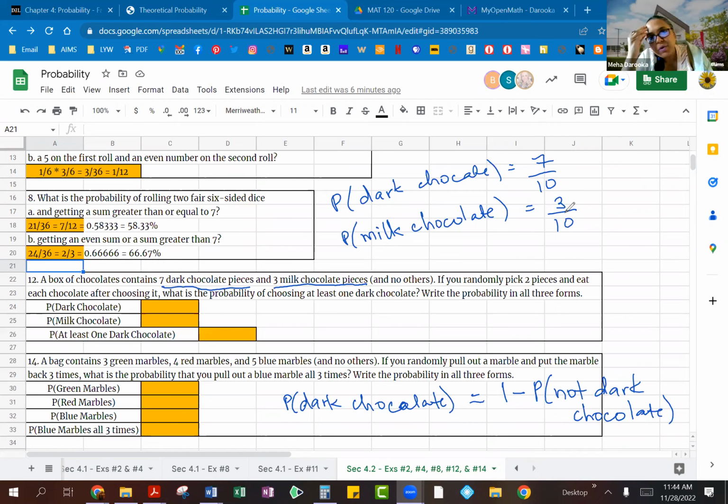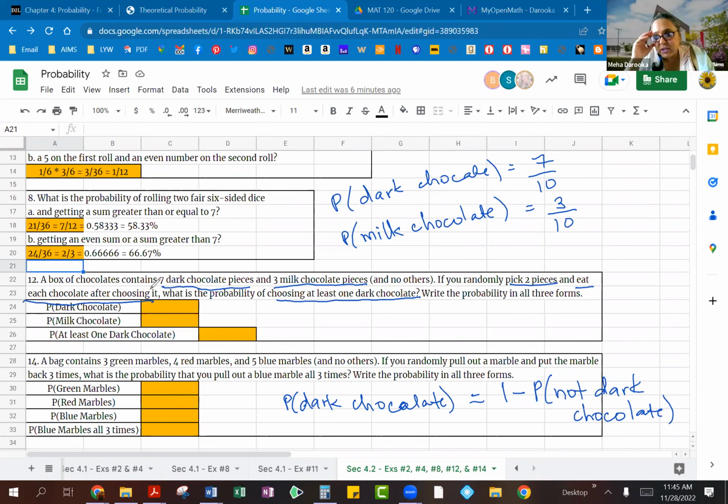So 7 out of 10 would be, if you were just asking, okay, you have a total of 10 chocolates in the bag, 7 of them are dark, 3 of them are milk. What's the probability that you choose dark chocolate, which would be 7 out of 10. But we are talking about you randomly selecting 2 pieces of chocolate. And then out of that, we are asking, what is the chance that at least one of them would be a dark chocolate? And you're not putting them back because they specifically are telling you that you are eating each chocolate after choosing it, right?